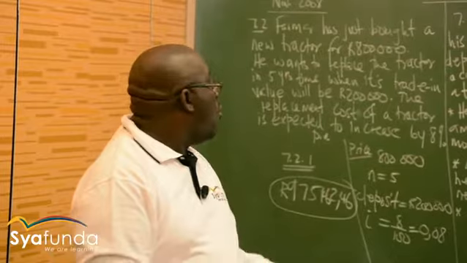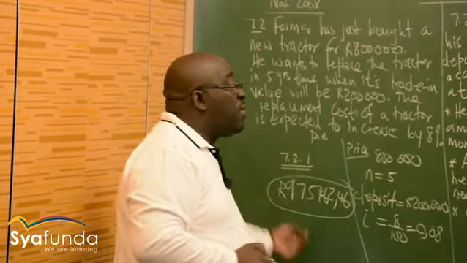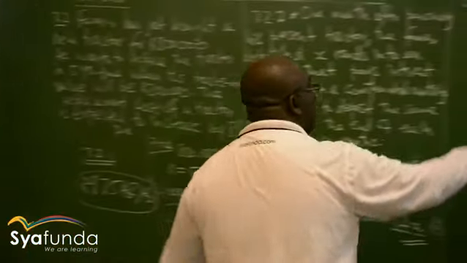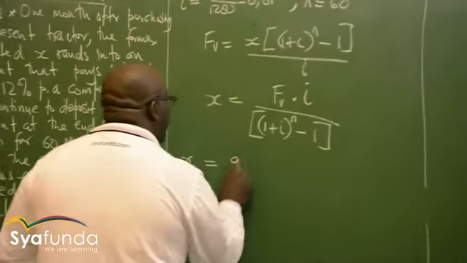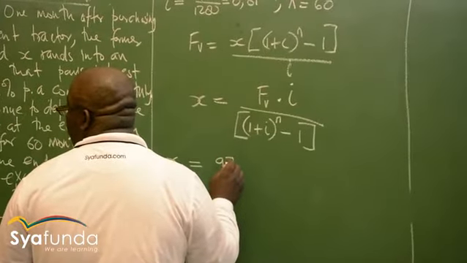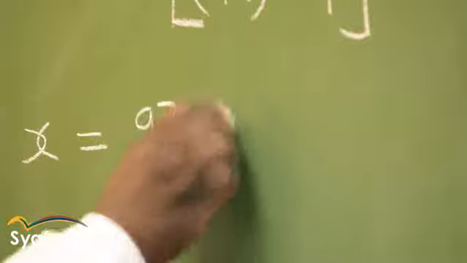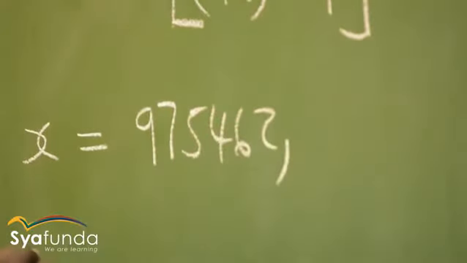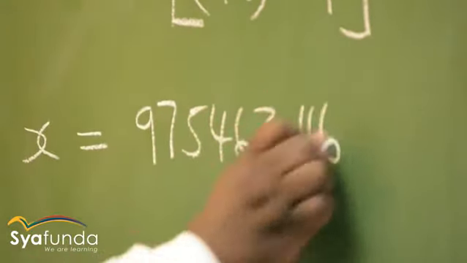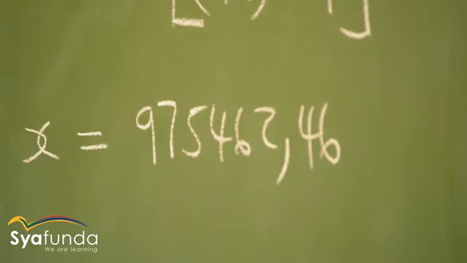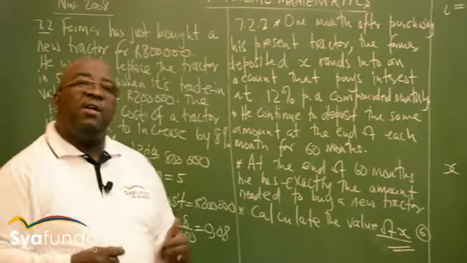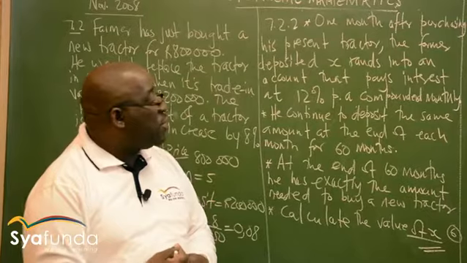Yes, we do know. We've just calculated it in the previous problem, which was worth, instead of FV, we push in 975462,46. This is the amount that this farmer needs to have in 5 years' time after trading in his old tractor for 200,000.